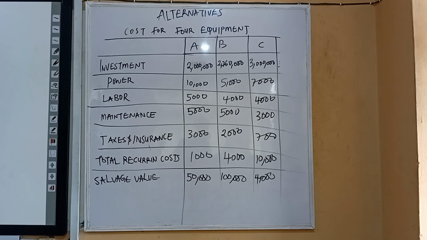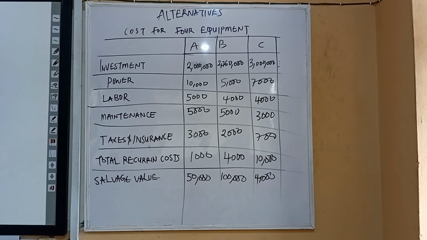Okay, look at this question. A refinery wishes to install an air pollution control system in its facility. The system comprises three types of equipment that involve capital investment and annual recurring costs, as given in the table above.